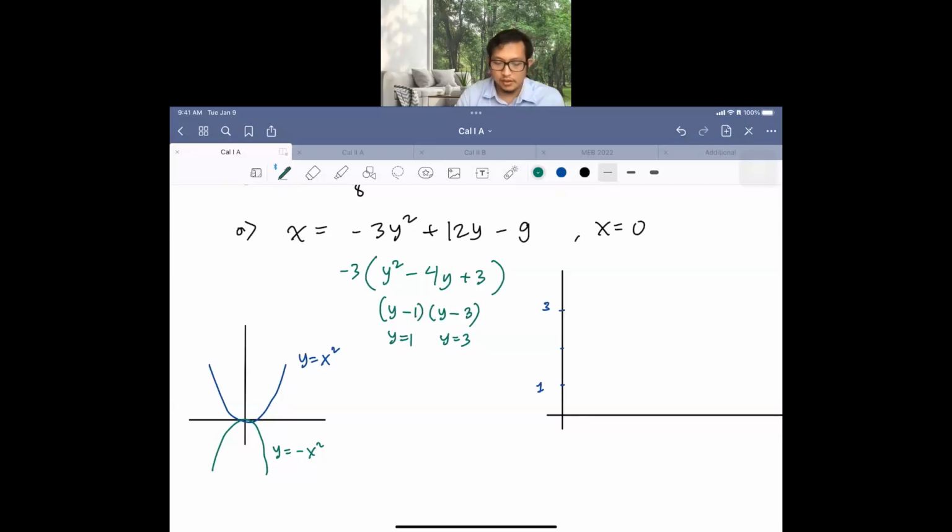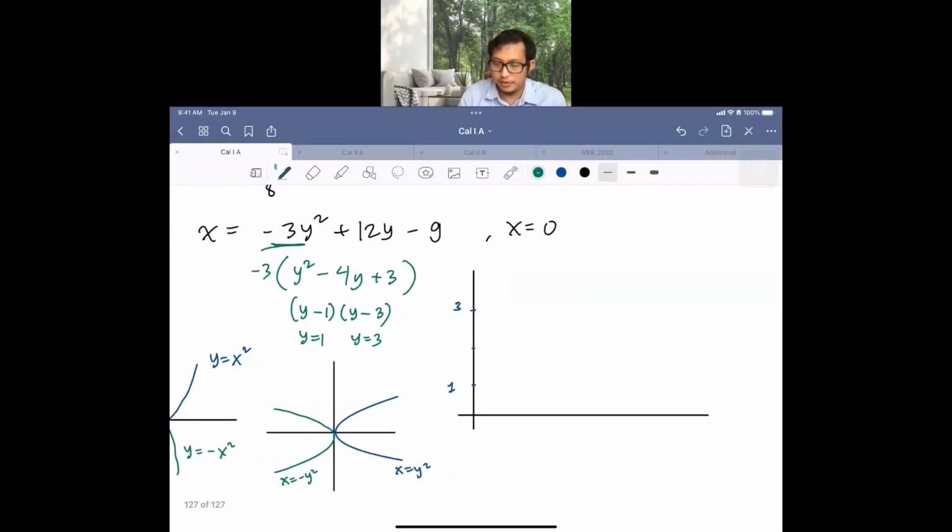Now for y squared or negative y squared, this is x equals y squared, and this is x equals negative y squared.